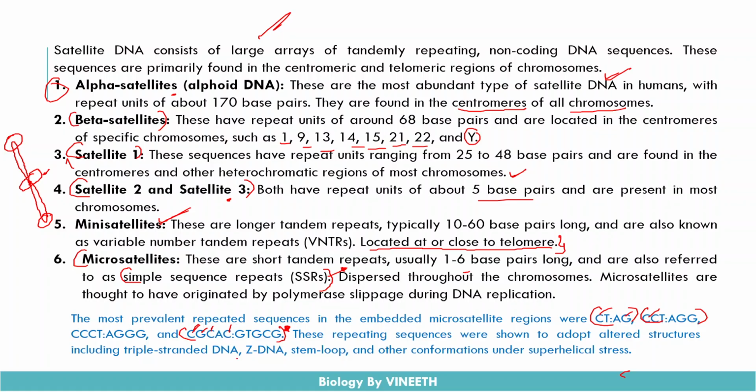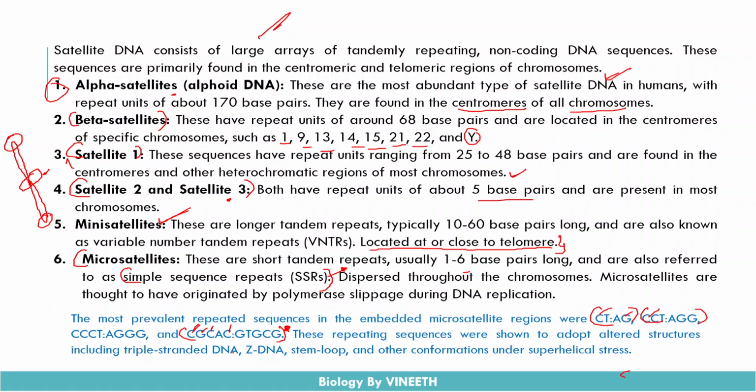Due to the occurrence of cytosine and guanine rich sequences, these microsatellites allow the DNA to form triple helix, or G-quadruplex tetraplex DNAs, or make the DNA undergo loop conformations or stem loop formations.